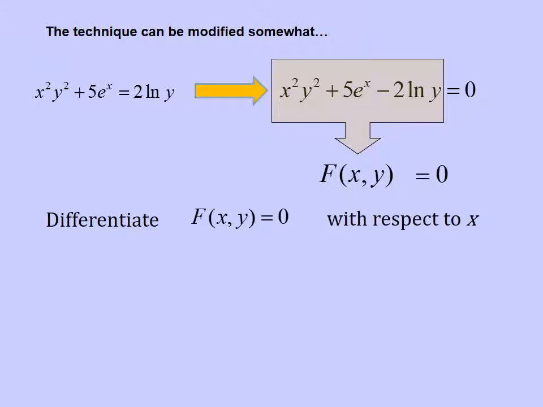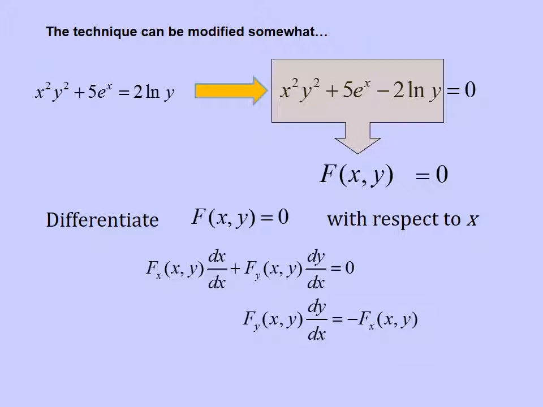So if we do the derivative with respect to x, this is what we get. The partial of f with respect to x times the change in x with respect to x, plus the partial of f with respect to y times the change in y with respect to x, and the derivative of 0 is 0.